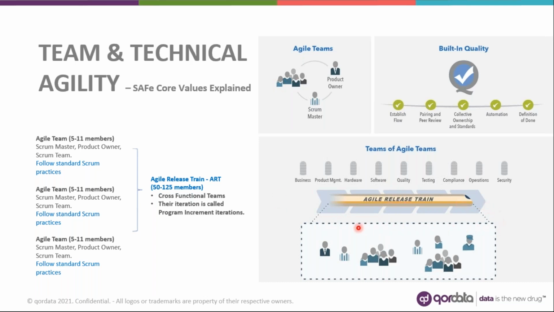So the concept of agile release train is basically, you can see a train which has different compartments. So think of each compartment as one scrum team. One compartment is equivalent to one scrum team. Second compartment, second scrum team. Third compartment, third scrum team. So all of these create a big agile release train.